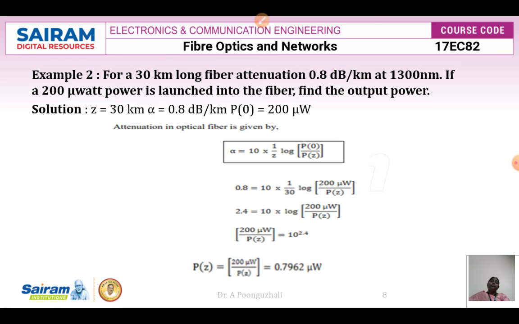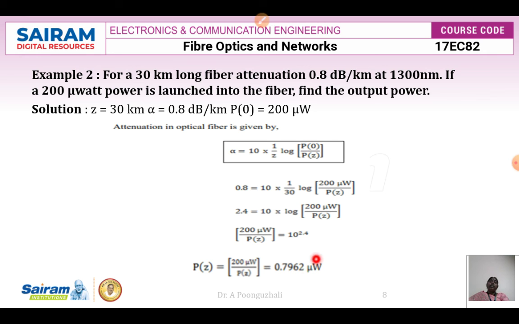So P of Z is equivalent to 0.7962 microwatts. Simplifying this expression, P of Z is going to be 0.7962 microwatts.